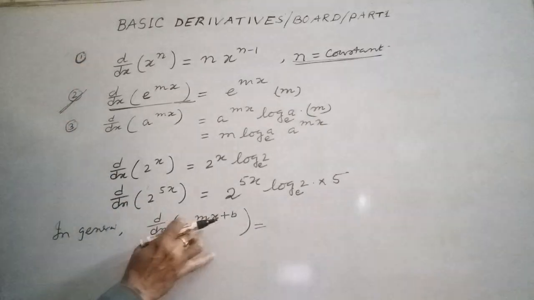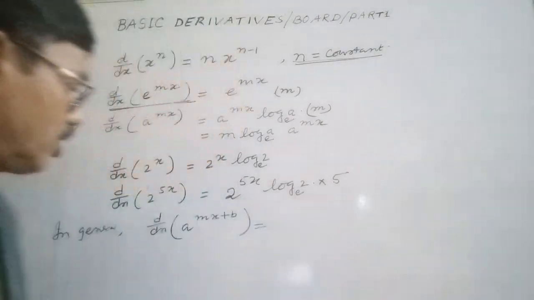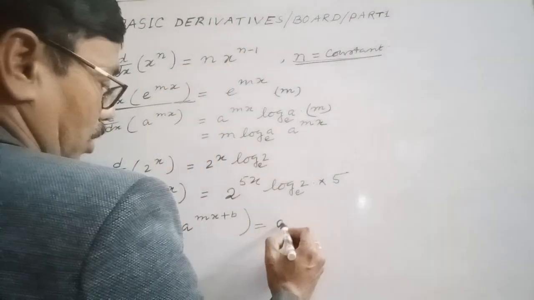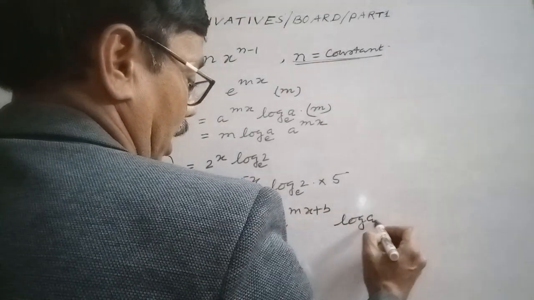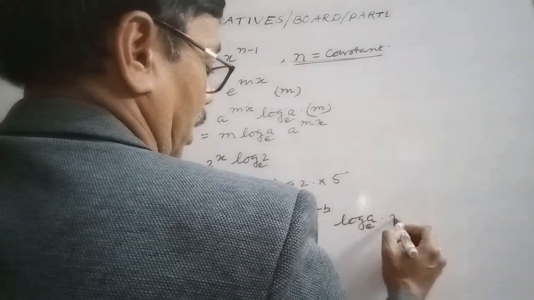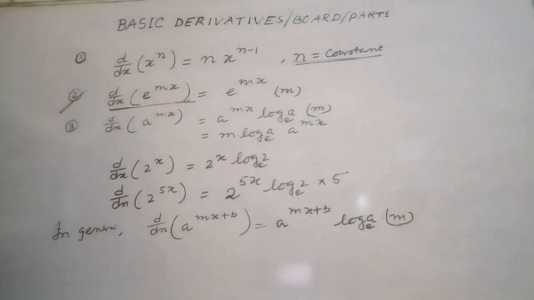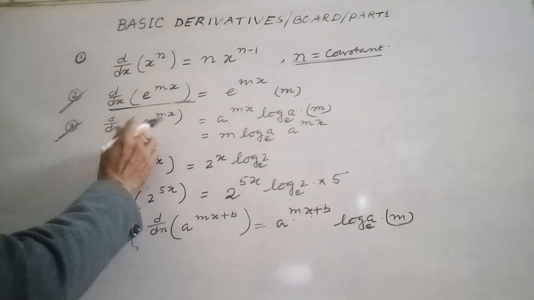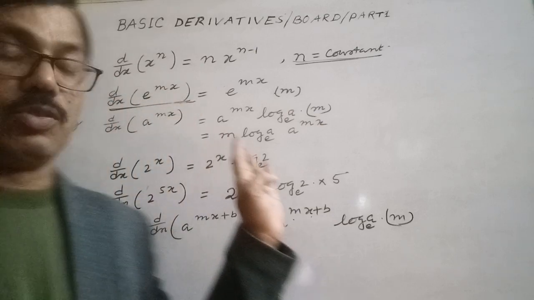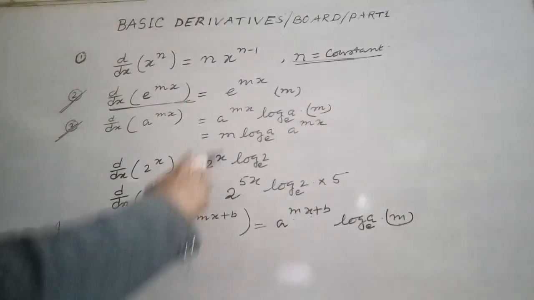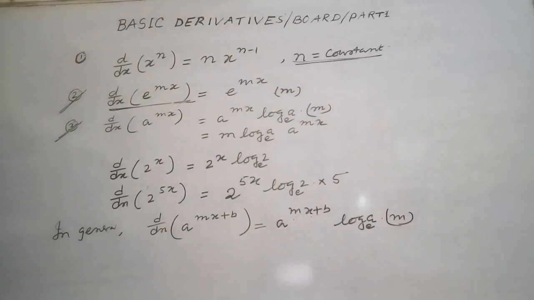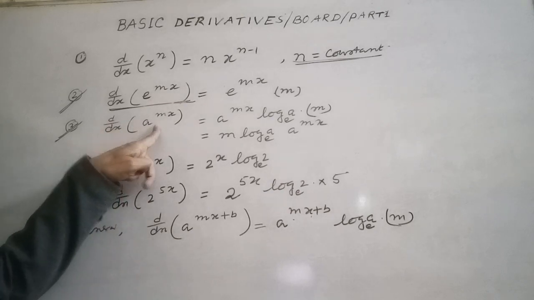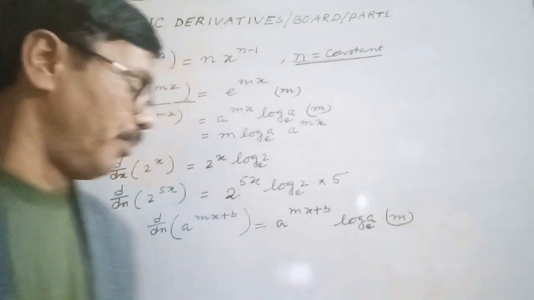Look, the power is algebraic and the base is constant. So what is our result? a to the power mx plus b, unchanged, into log a into the coefficient of x. You should remember a to the power mx into log a into the coefficient of x. It is general and it is also the most general.